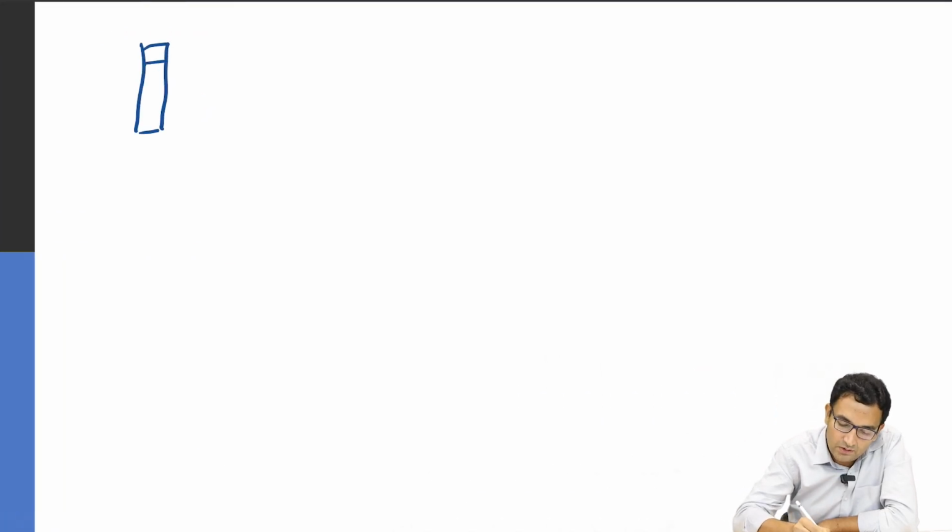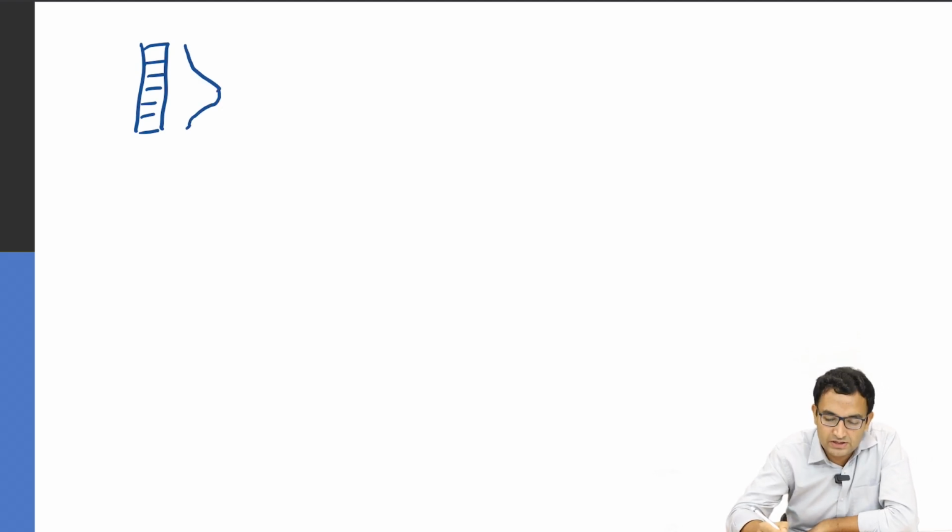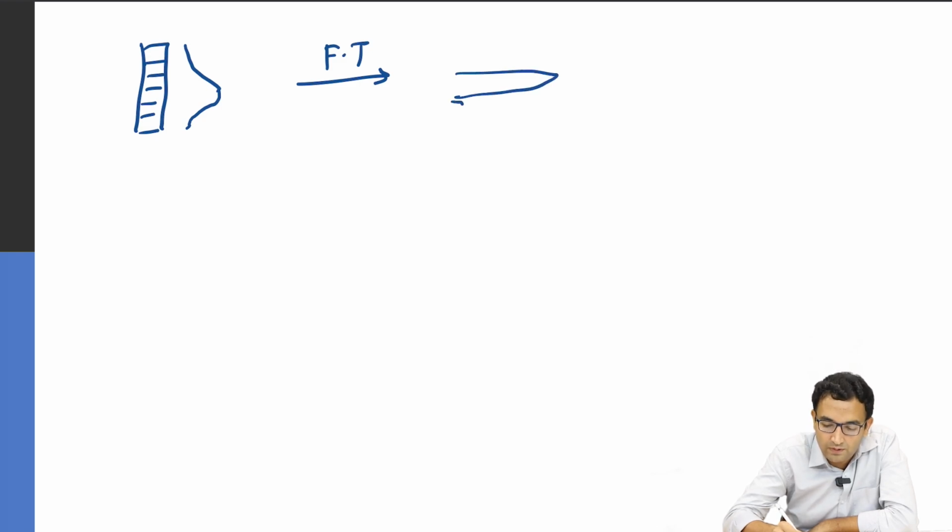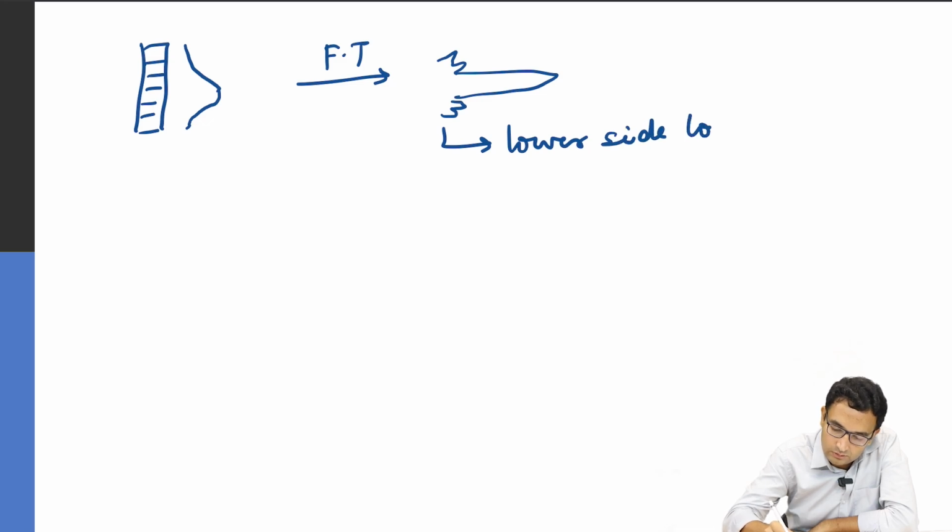But if we have an array of transducers, then I can apply an apodization like this. This will essentially smoothen the aperture function, and when I take a Fourier transform and look at the profile, I get a main lobe and my side lobes will become reduced now, right? So these are lower side lobes because of apodization.